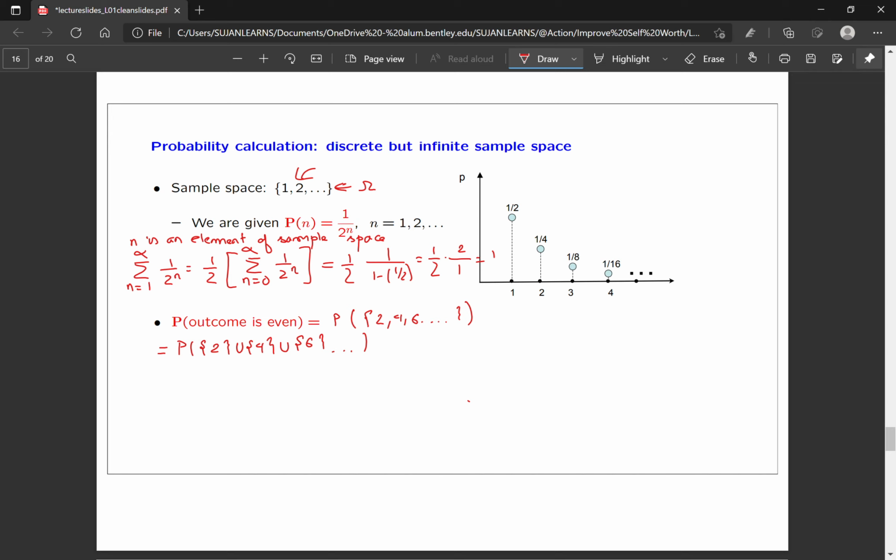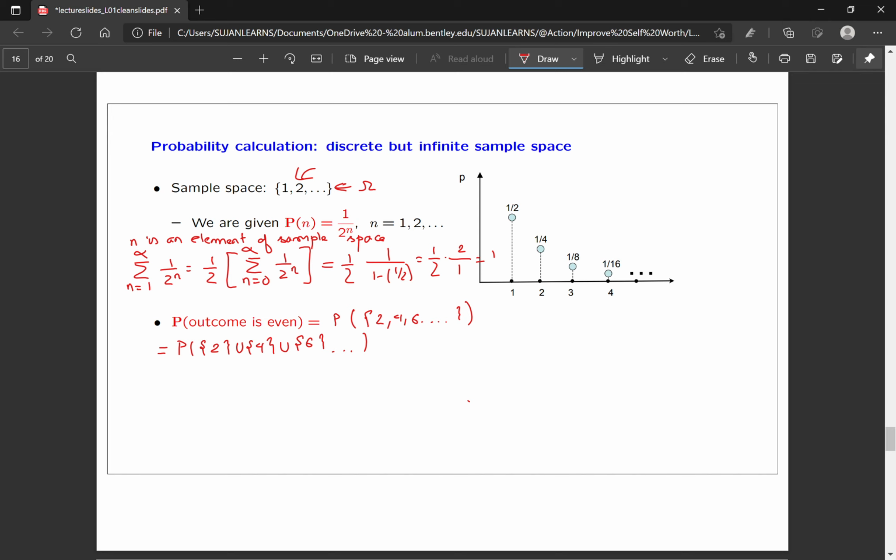Now let's stop for a moment and think about it. Can we apply the additivity axiom here? Whether or not we can use it, let's use it and see what happens.